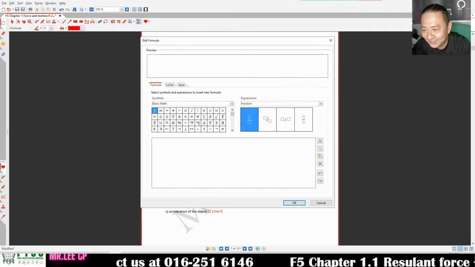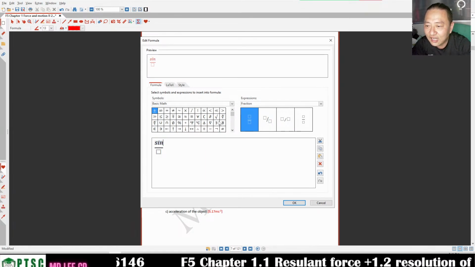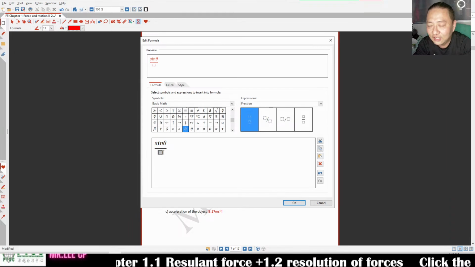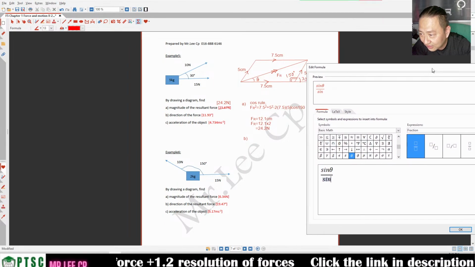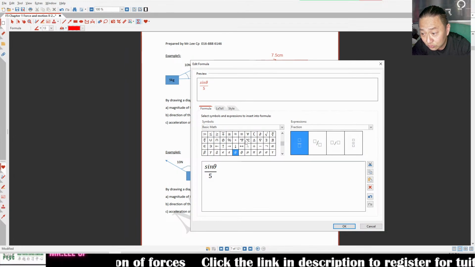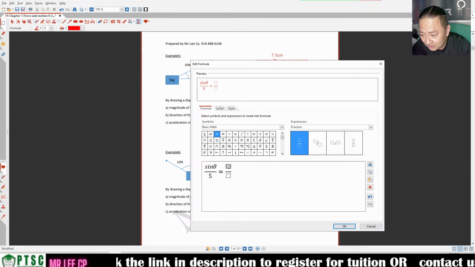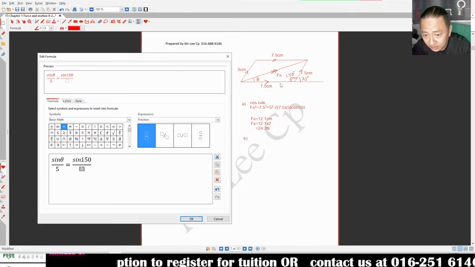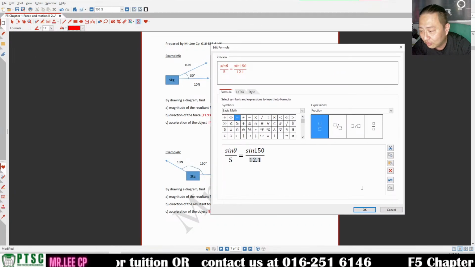Sine theta over the opposite, which is 5, is equal to sine 150 over the opposite, which is 12.1. This is a length, not an angle, 12.1.